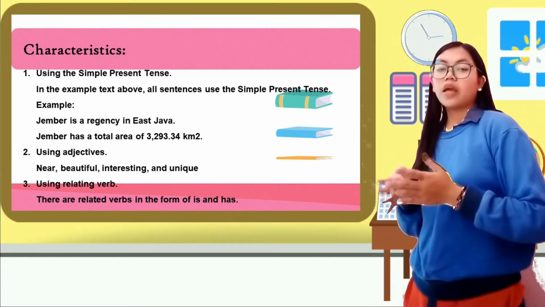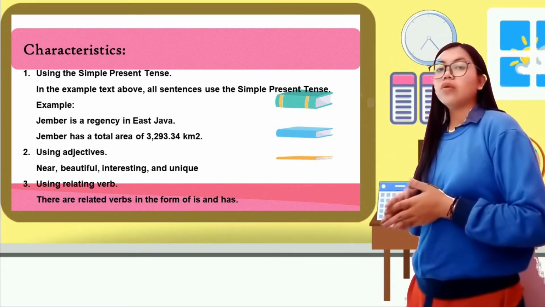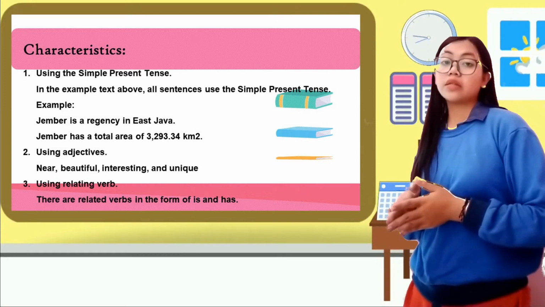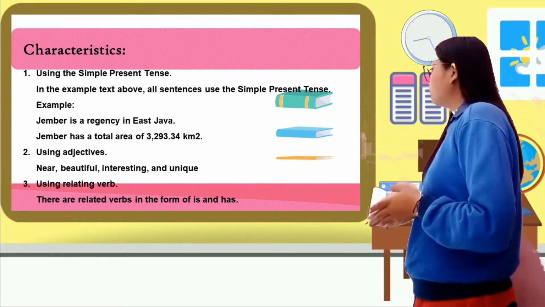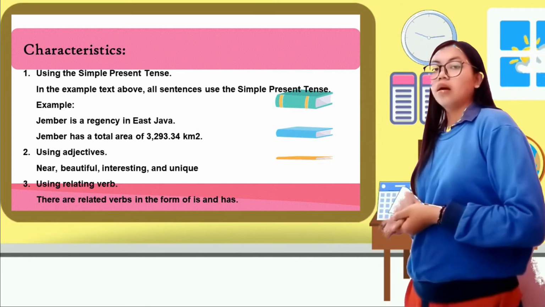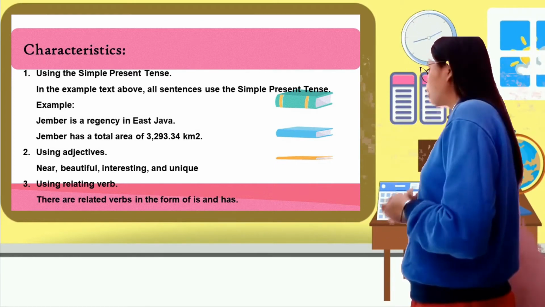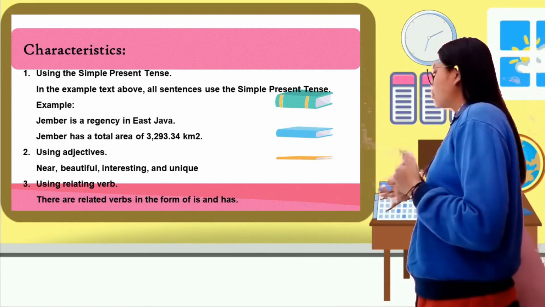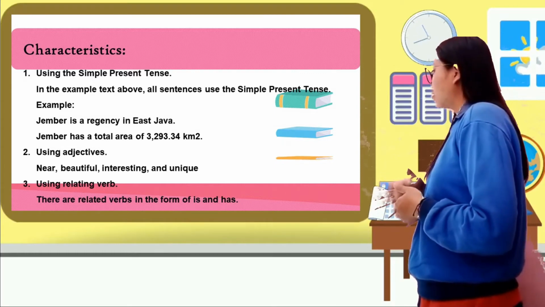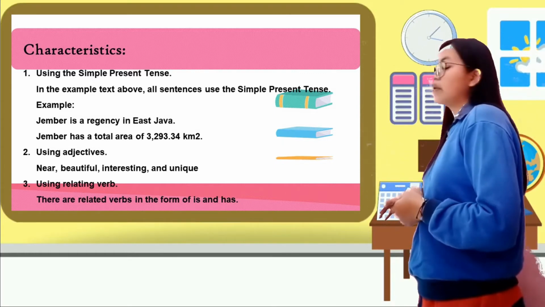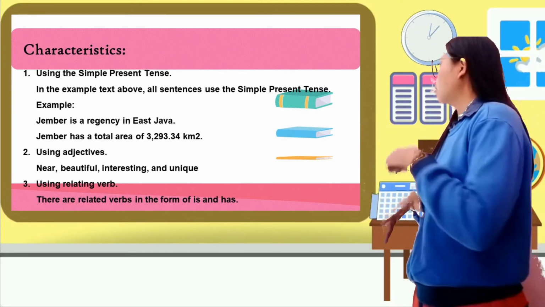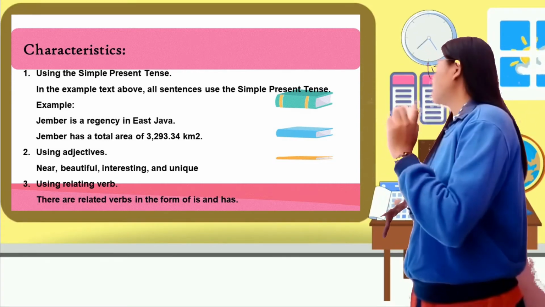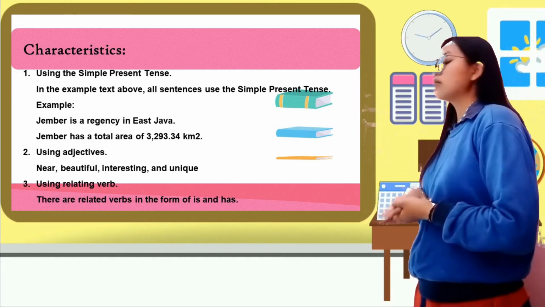Alright, we move to the characteristics in this text. For the characteristics, we already know there are three characteristics in descriptive text. We can see the example. This example already contains three characteristics. The first is using the simple present tense, all of the sentences use the simple present tense.